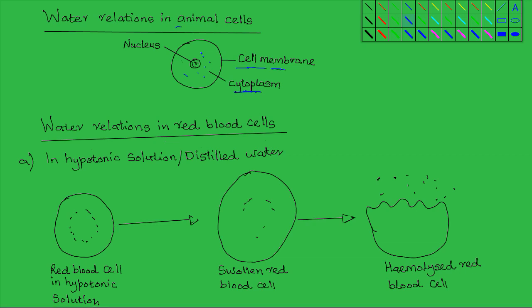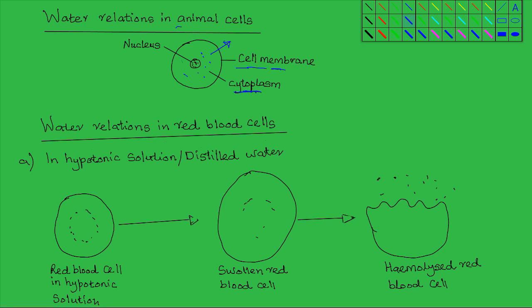And when placed in a hypotonic solution, it will gain water by osmosis. Now, red blood cells are commonly used to demonstrate osmosis in animal cells. So we're going to look at how red blood cells behave when placed in solutions of different concentrations.